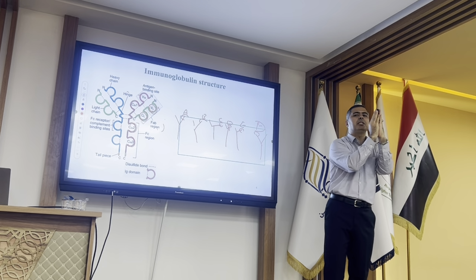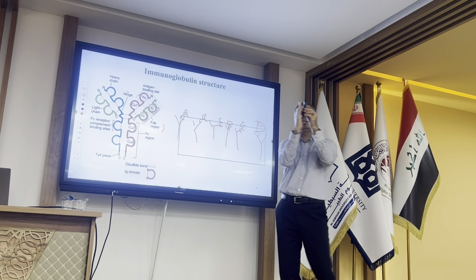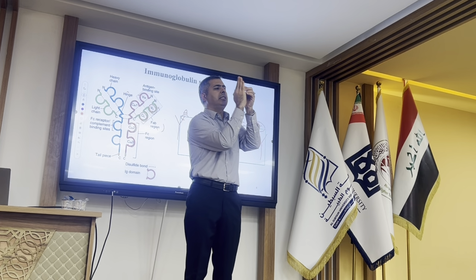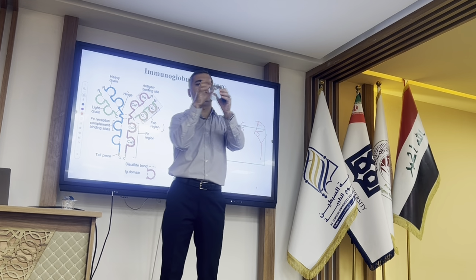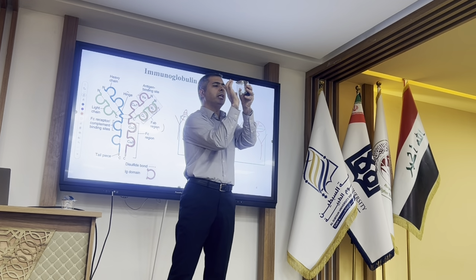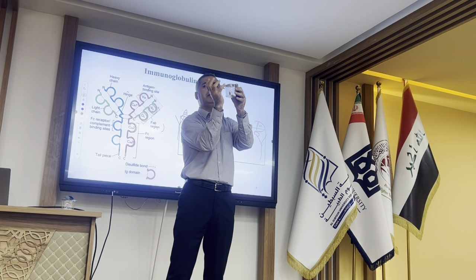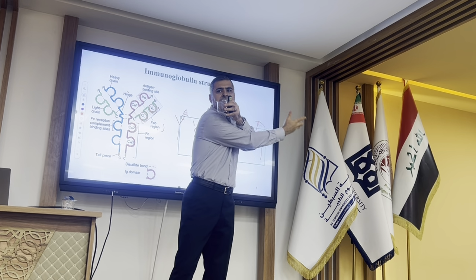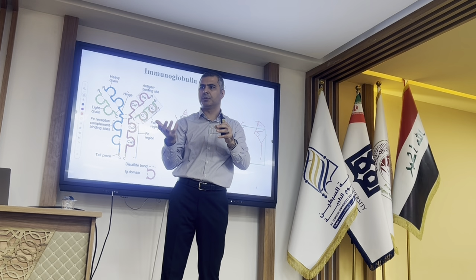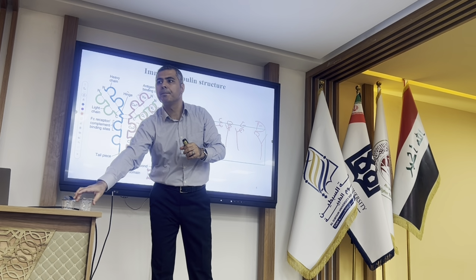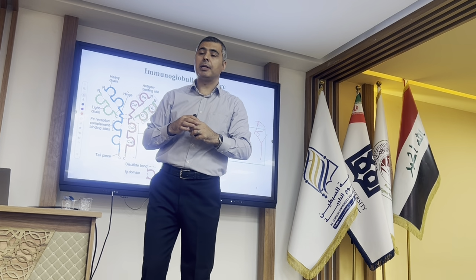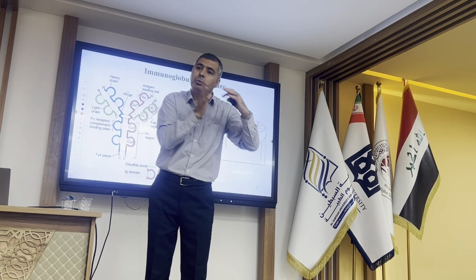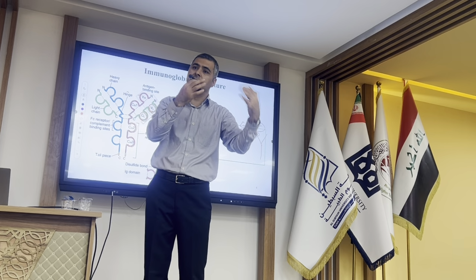So it is called variable region. For this epitope we need this shape, for example. For this epitope, we need another shape. So they are different structures that enable the antibody to fit with different antigens or epitopes, according to the shape of the epitope.